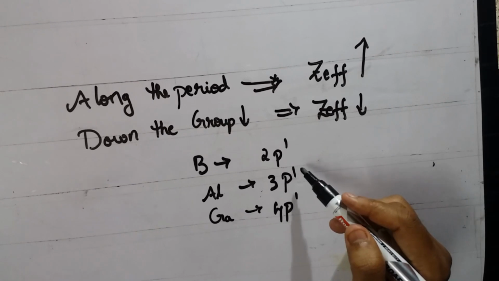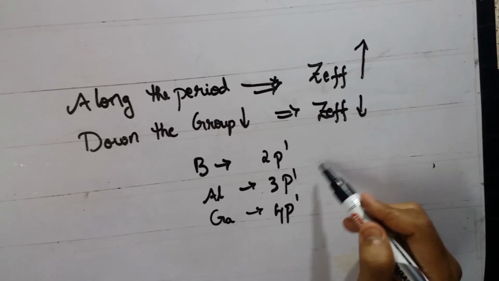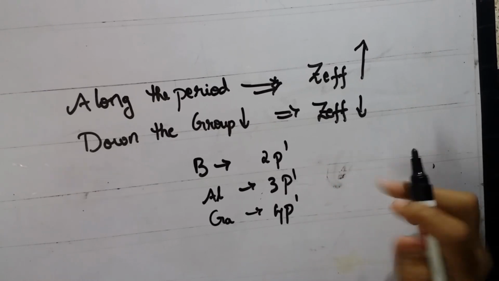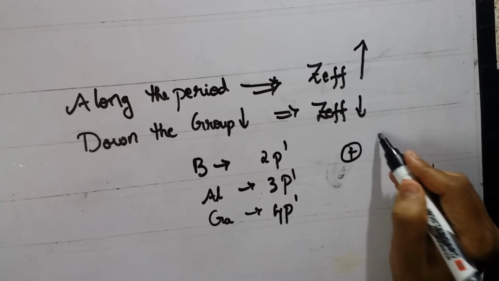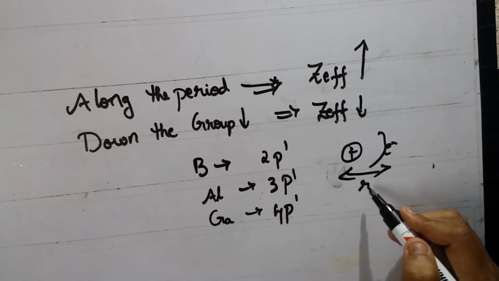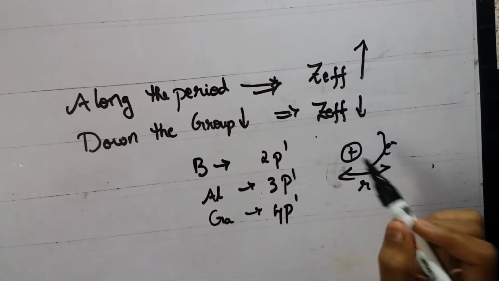Hence, as the new shells are added, the distance r, as we have discussed, between the positive charge and the electron increases. Hence, the Z effective value decreases.